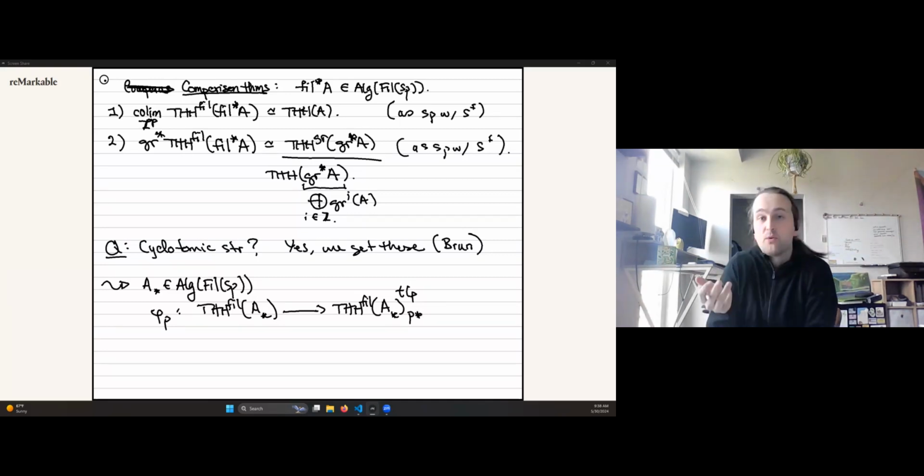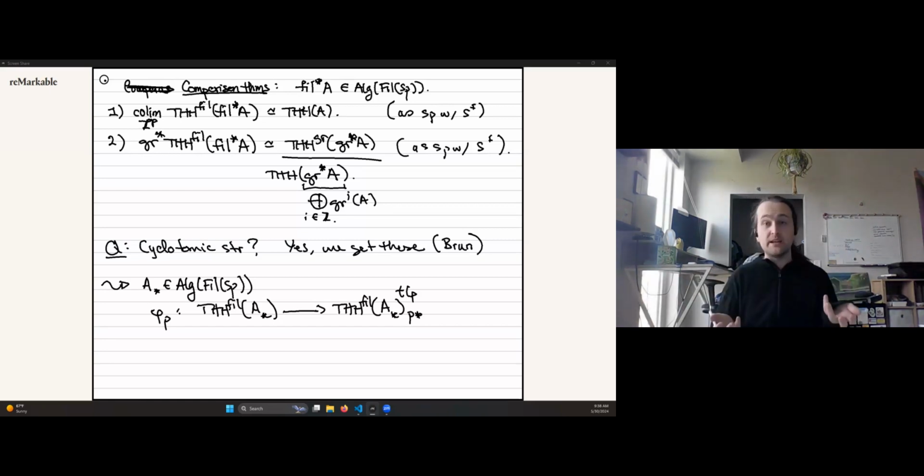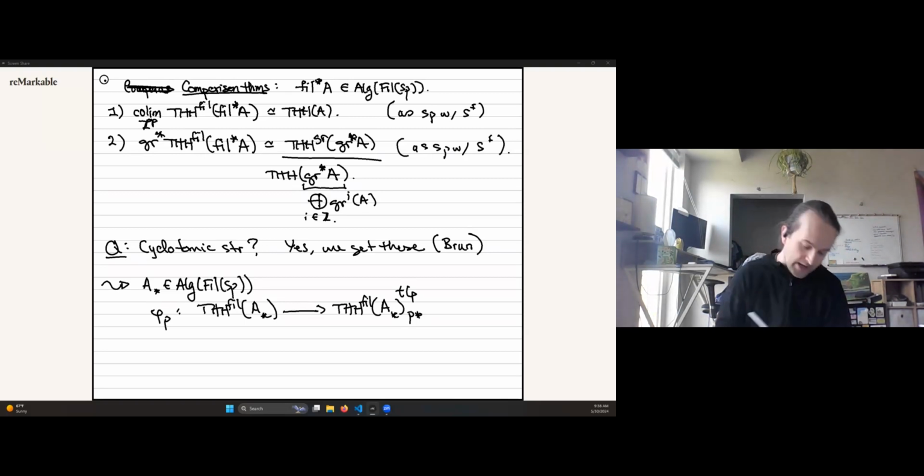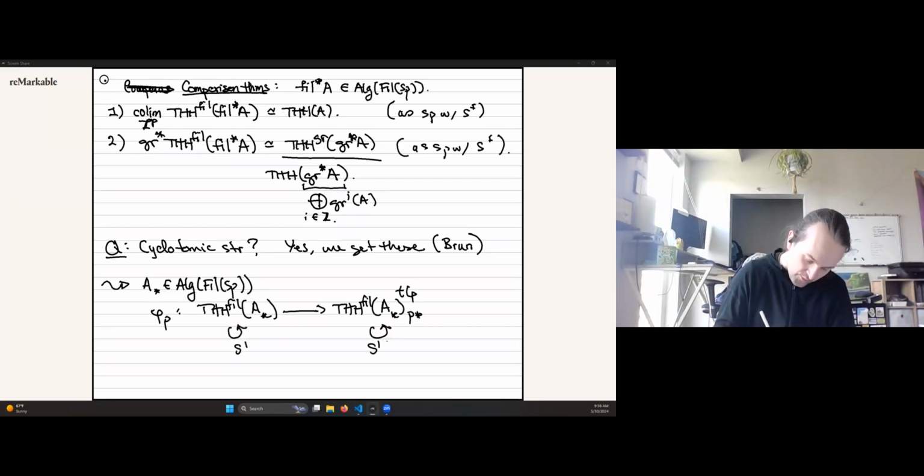So this is exactly what we would expect from the world of algebra, if we legitimately have Frobeniuses or Frobenii, and that's exactly what we get here. And again, this is S1 equivariant. This is S1 mod CP, equivalent to S1 equivariant.